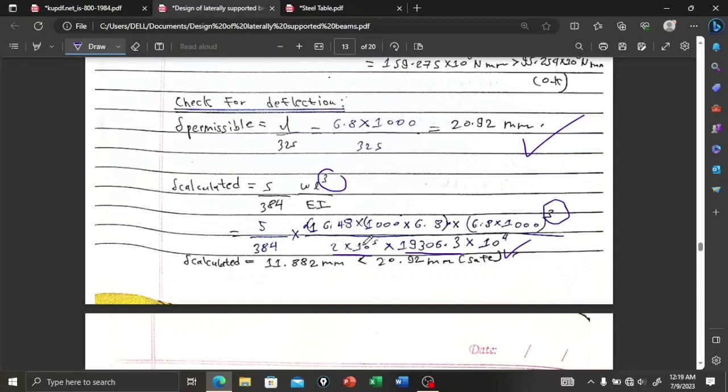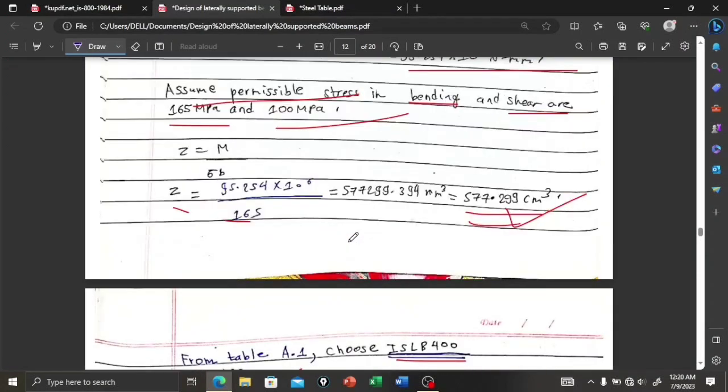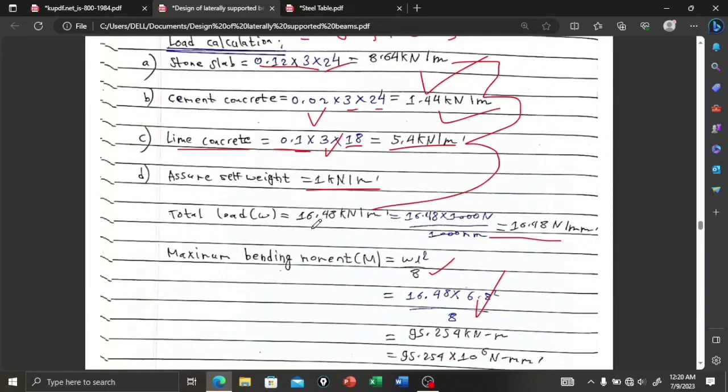And W is UDL into length, 6.8 meter, in millimeter it is 6.8 into 1000, and the UDL is 16.48 kilonewton per meter.